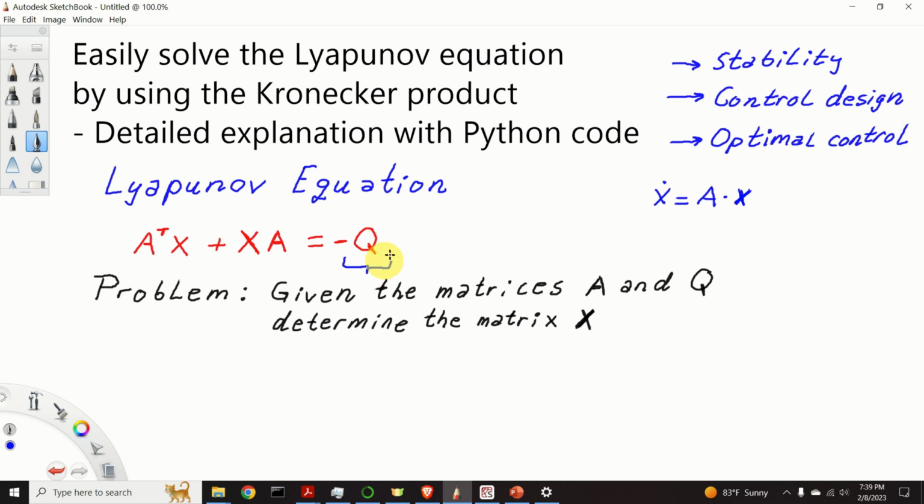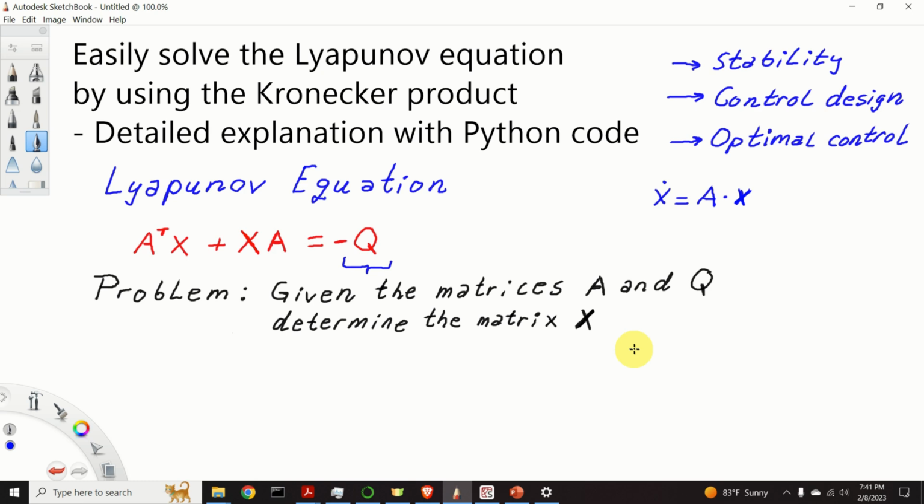Often it's assumed that this matrix is positive or negative definite. Here's the problem. Given the matrices A and Q, determine the matrix X, and that's our problem.